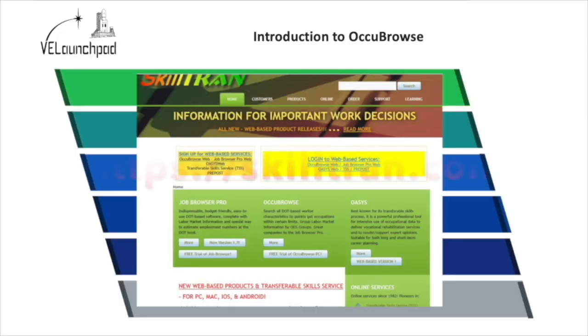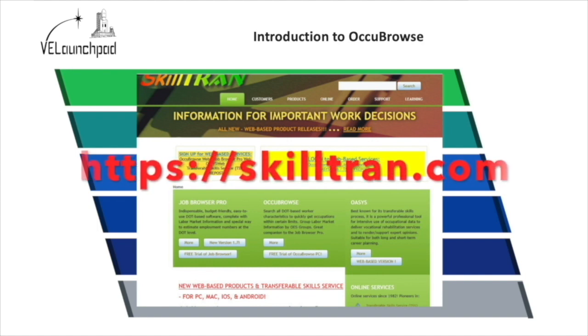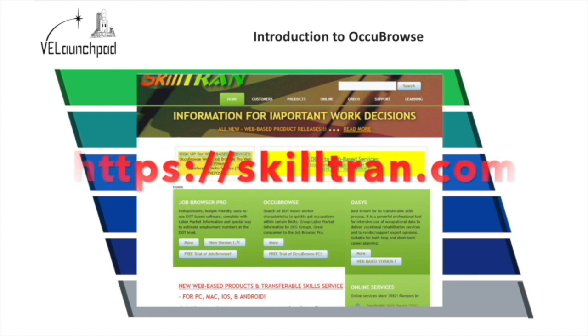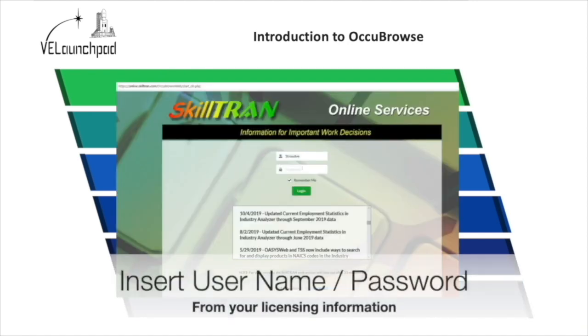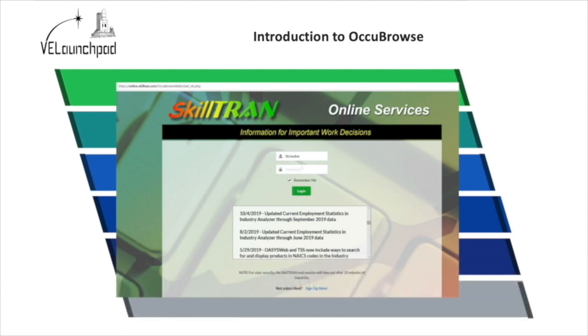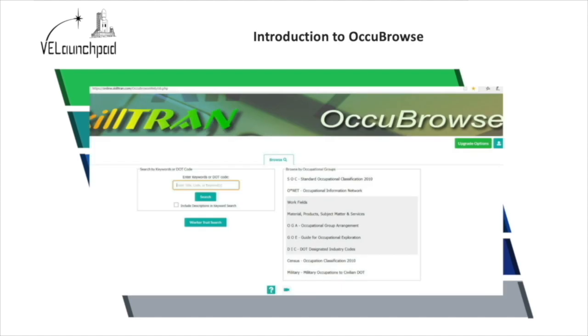This shows the first page when you log on to SkillTRAN.com, and it shows the yellow tab to the right where you log into the web-based service. Simply click on it, and this will be the next screen you see. Then the next screen passes up, so you get to browse.